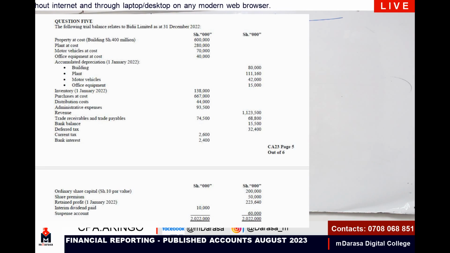I'm having distribution cost, the administrative cost, our revenue, trade receivables and trade payables, bank balance, deferred tax, current tax. I'm given all these items.